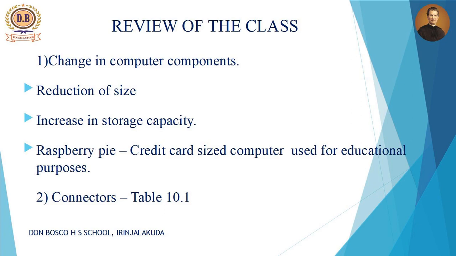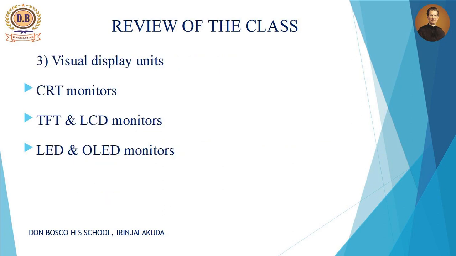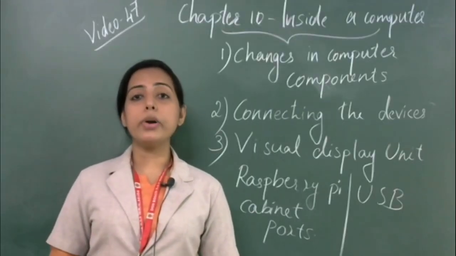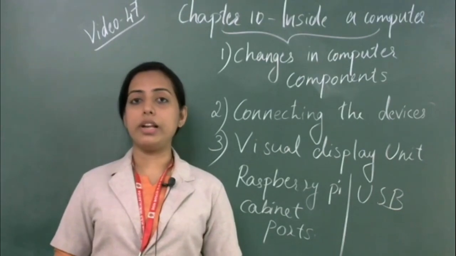That is the use of Universal Serial Bus. The last topic we discussed was the visual display unit. Monitors are commonly known as visual display units, and there are different kinds of monitors: cathode ray tube, LCD, LED, etc. These are today's class topics.